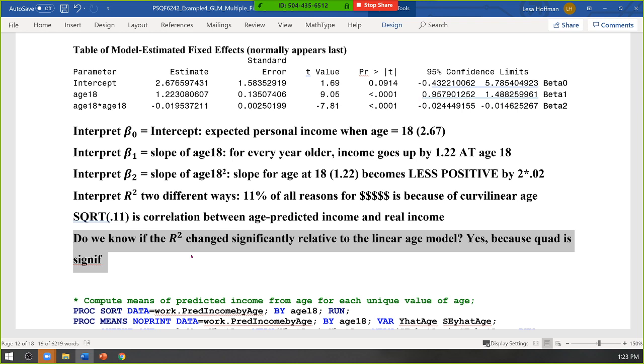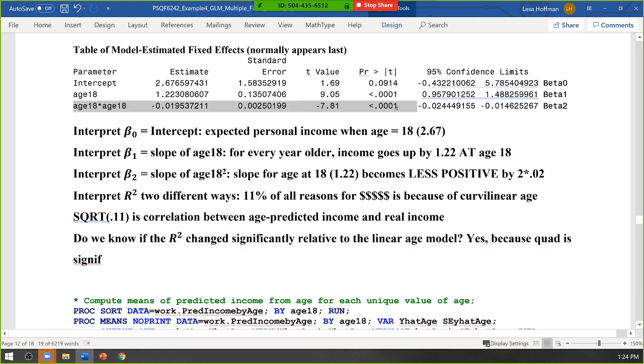So if r squared goes up after you add a second predictor, then the result for that second predictor specifically tells you whether or not the model now explains significantly more variance than it did before. So in this case, the second predictor that I added is this quadratic effect of h. It's significant. So that means, depending on how you want to say it, the amount of variance accounted for by the two predictor model is significantly more than the one predictor model.